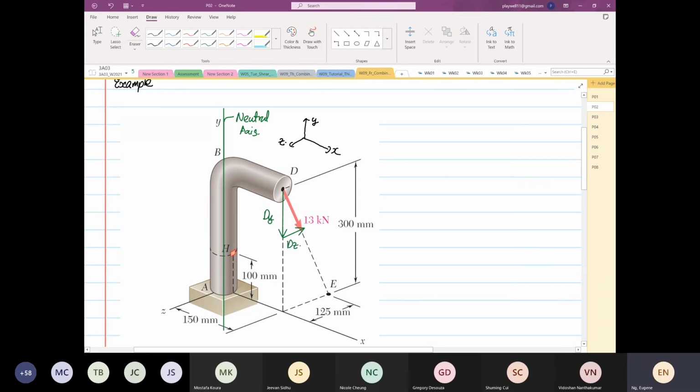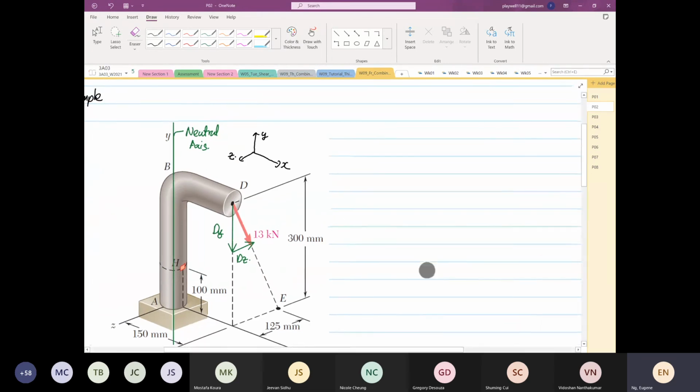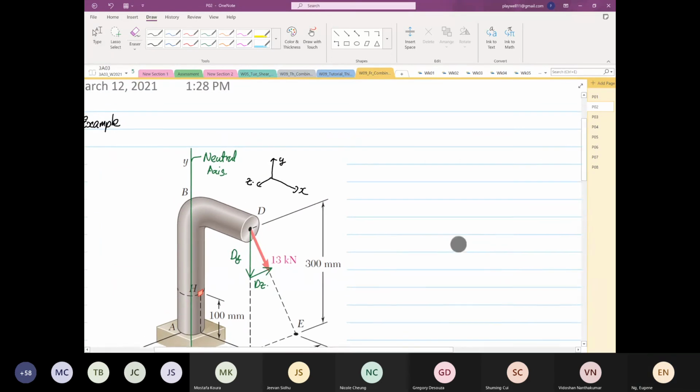This is our dz. Okay, so we're going to find what our dy and our dz are first.